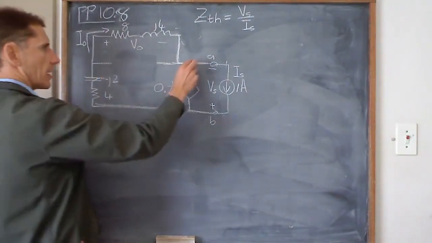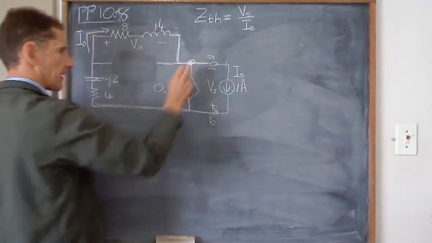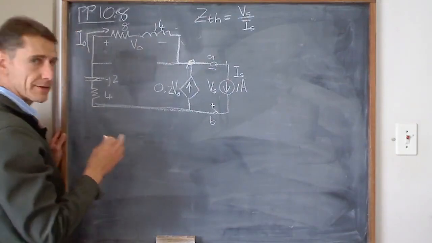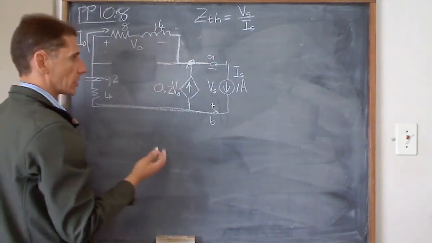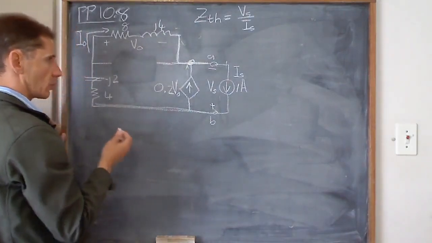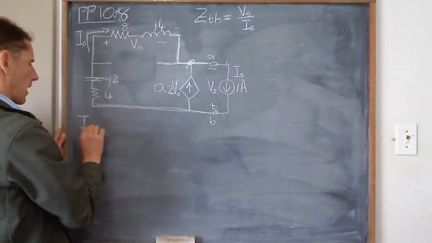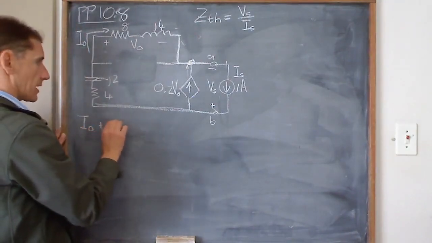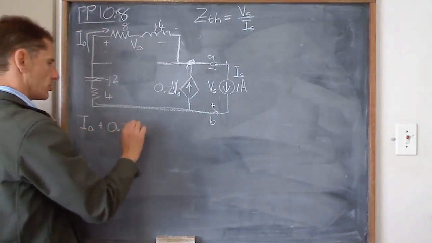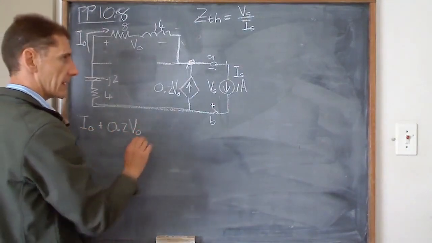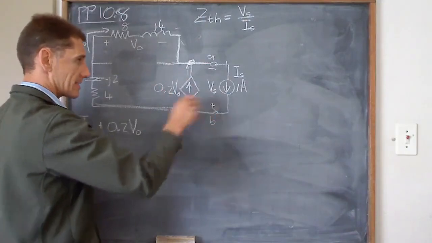So let's write down a KCL at that node. All the currents coming in must equal all the currents going out. So just a normal KCL. What are the currents coming into that node? I out is coming in plus 0.2 V out is coming in, and then my IS is going out.